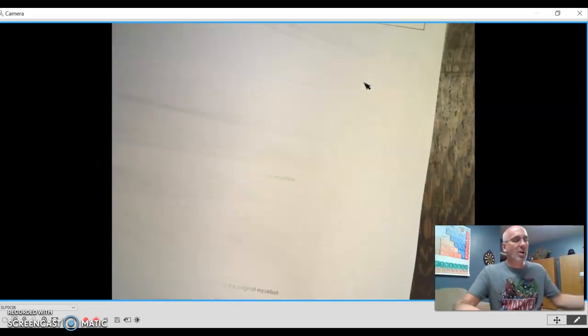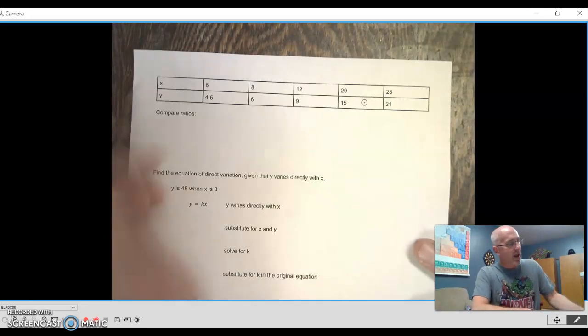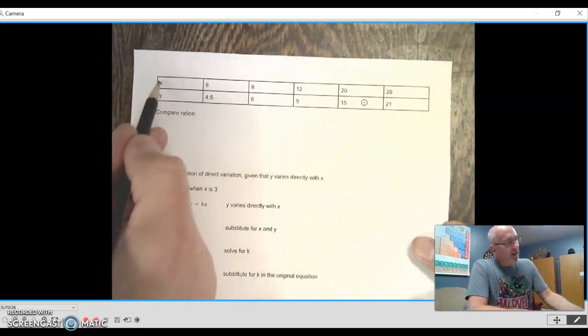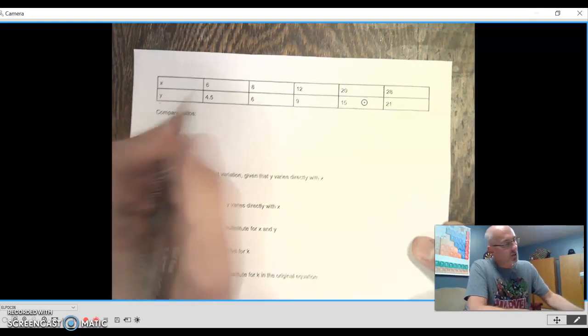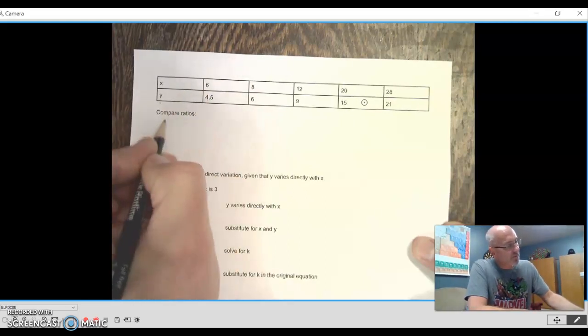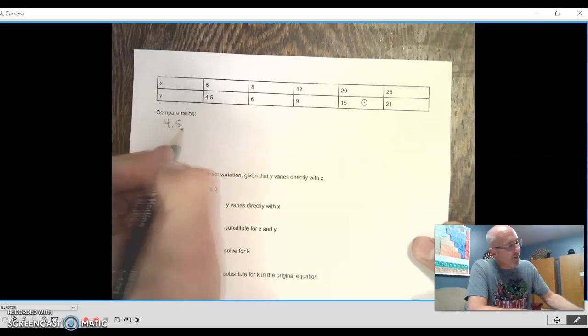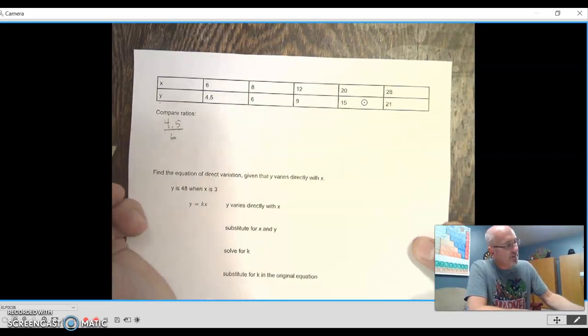Okay, so let's do another one. We have a set of data x and y. So we are going to set up some proportions. 4.5 over 6.